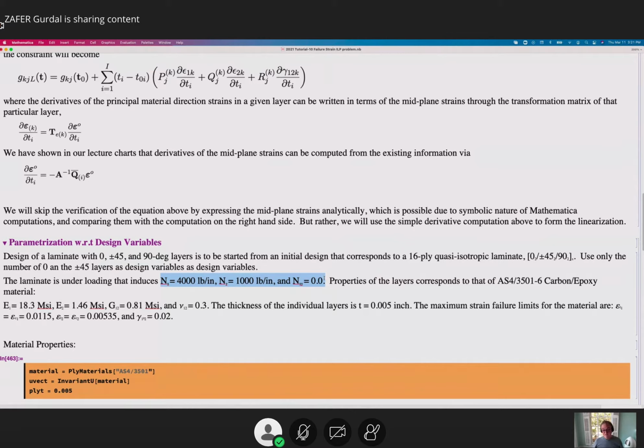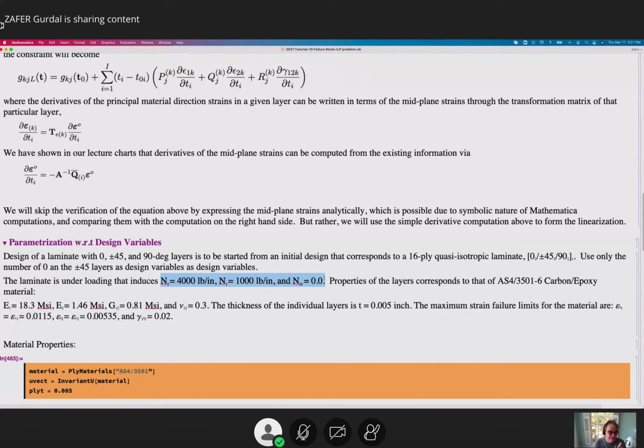In your case, you will have maybe a range of Nx value and Ny value, alpha, beta, whatever you want to do, you should be able to change that. And since some of the things that we do can be handled symbolically, I can even leave some of those parametrically. But in this tutorial, I'm going to keep them constant, single point design.